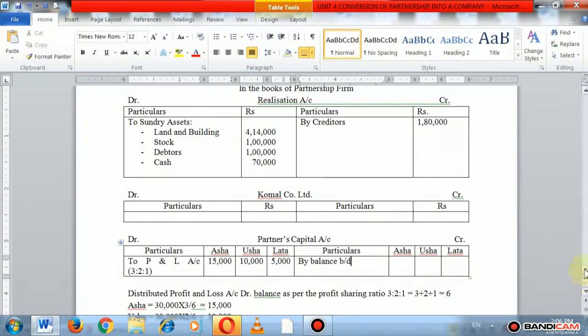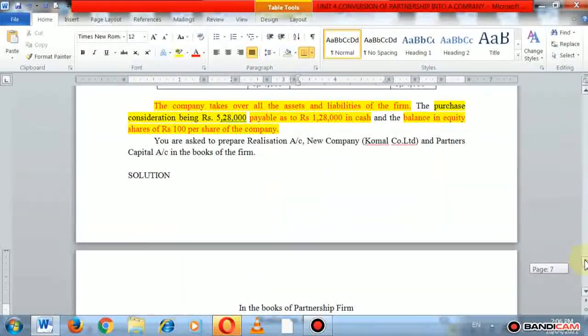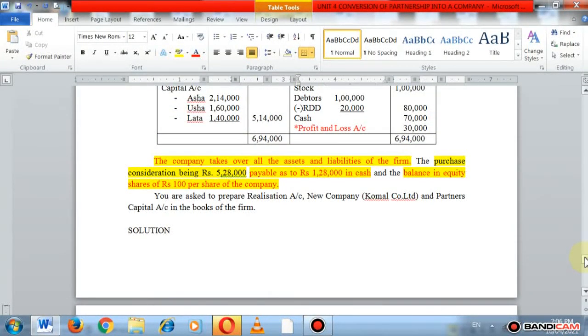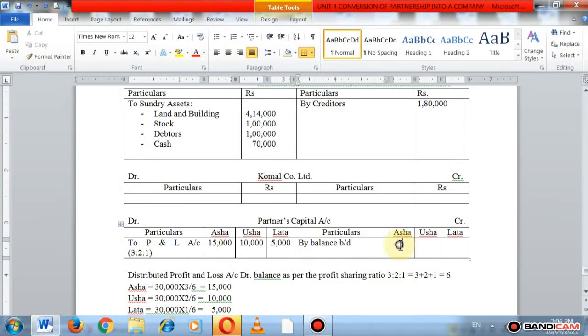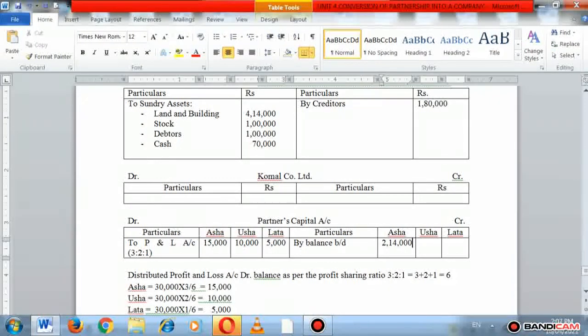So capital of each partner is given, that is Asha 2,14,000, Usha 1,60,000, Lata 1,40,000. Okay, so transfer here. So 2,14,000 is the capital of Asha.